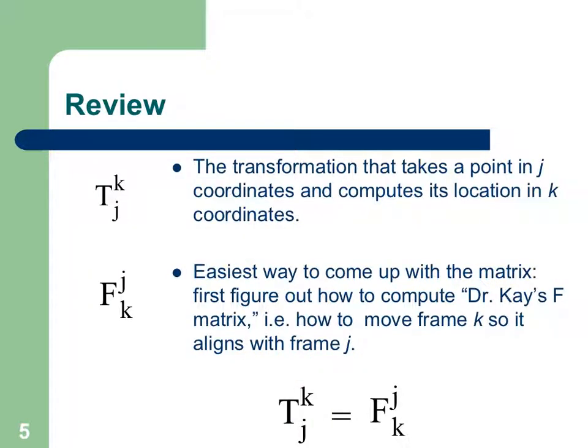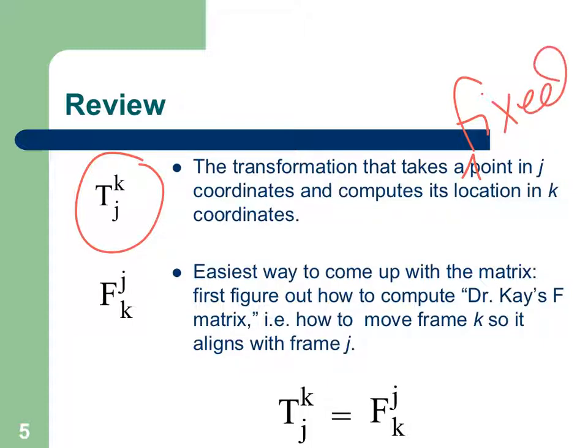Just because students find this so hard to remember, I'm going to tell you one more time. This T transformation from J to K is the transformation that takes a fixed point, whose location we know in J coordinates, and computes the location of that point in K coordinates if you pre-multiply the point by this transformation.